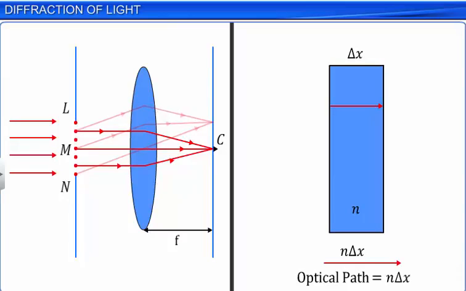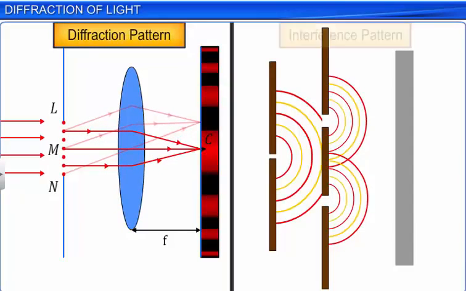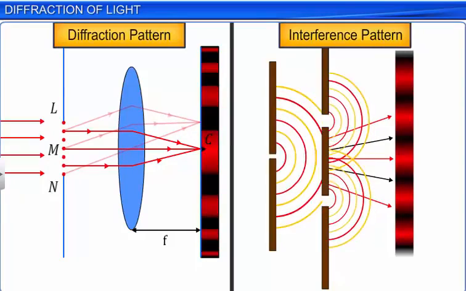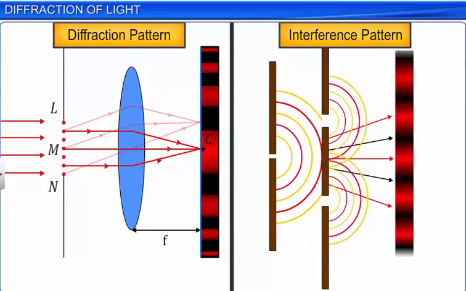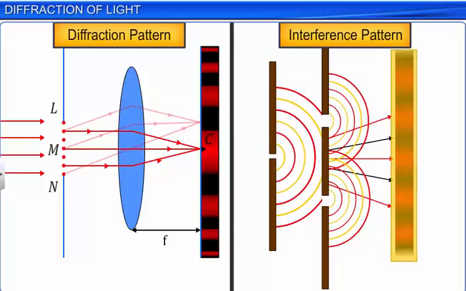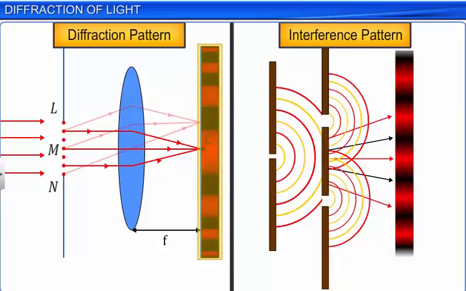Let us now compare the diffraction fringes due to a single slit with the interference fringes formed in the double slit experiment. We observe alternate bright and dark fringes in both the interference and the diffraction experiments. The fringes in the interference experiment are due to superposition of waves from two sources, whereas the diffraction pattern is a superposition of waves originating from each of the point sources on the single slit.